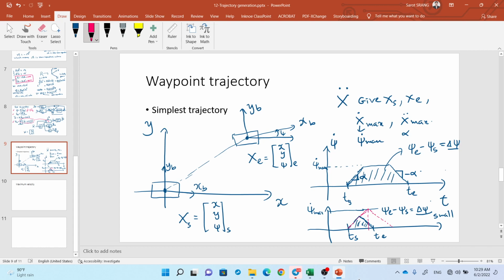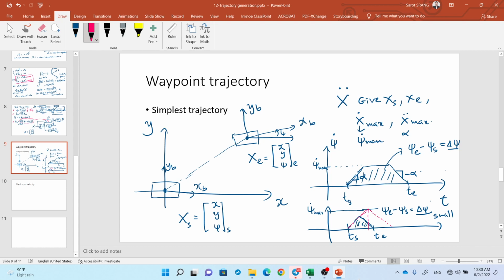Just separate this condition first. This top is this side, and you also know this side.